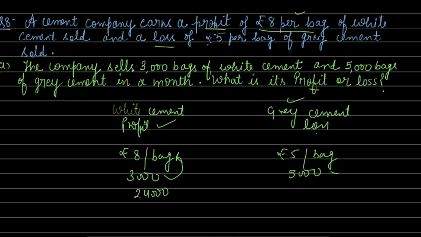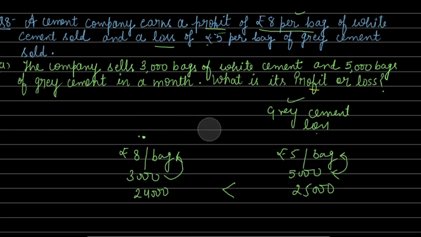Now similarly, if I calculate the total loss, the product of these two, how much is it? 25,000, right? Which is greater? 25,000 is greater than 24,000. It means there is a loss, because the loss is coming out greater than the profit. And how much is the loss? 25,000 minus 24,000 is 1,000 rupees, right? So we will write this question in proper format. That is very important, to write the proper explanation.